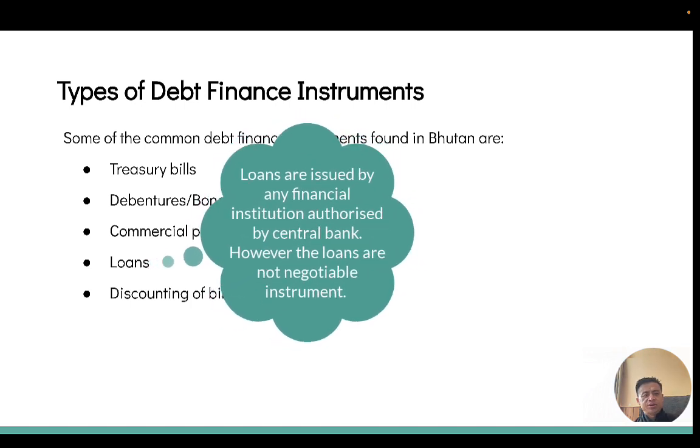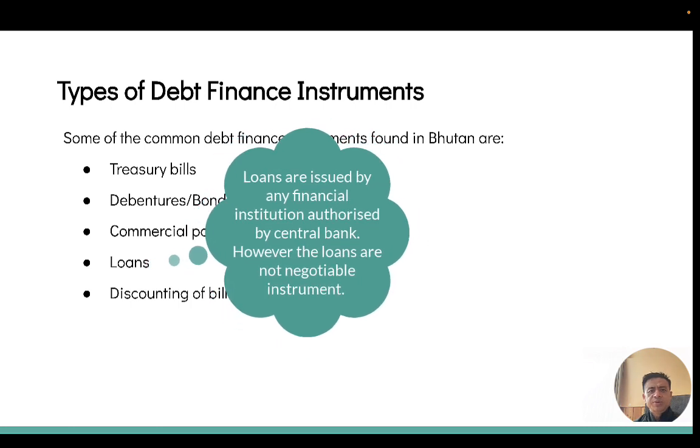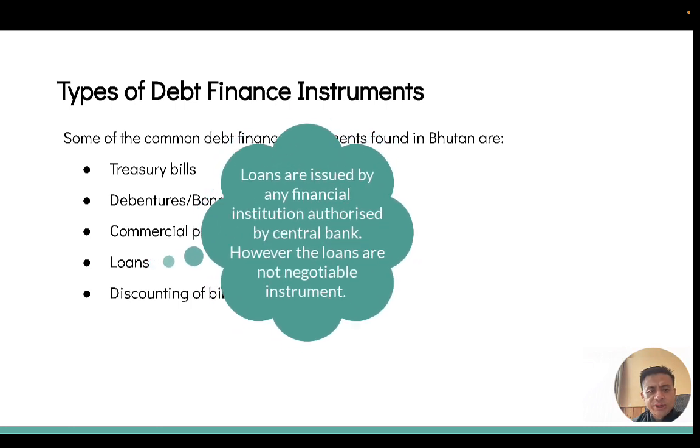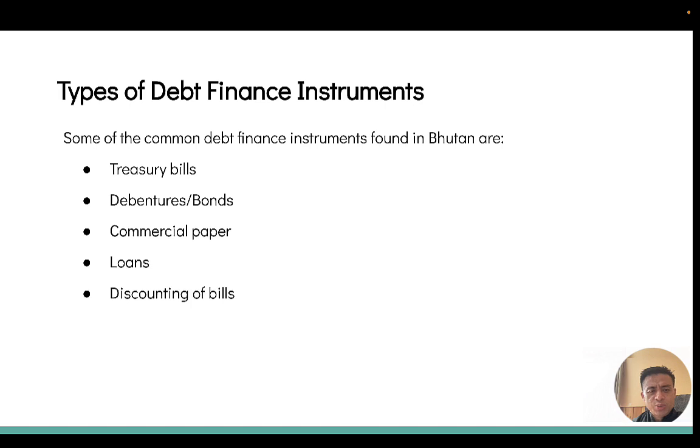But you must understand that although it is a debt financial instrument, it is not a negotiable instrument. The borrowers will have to abide by the conditions imposed by the lenders.